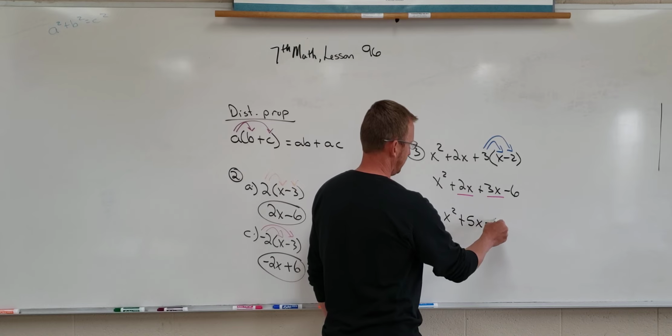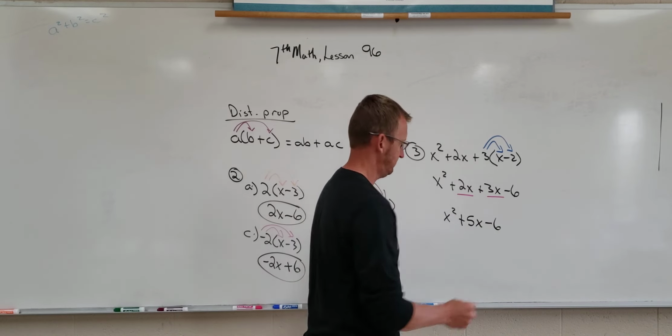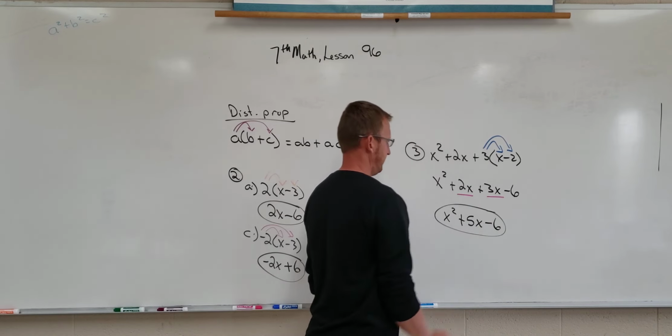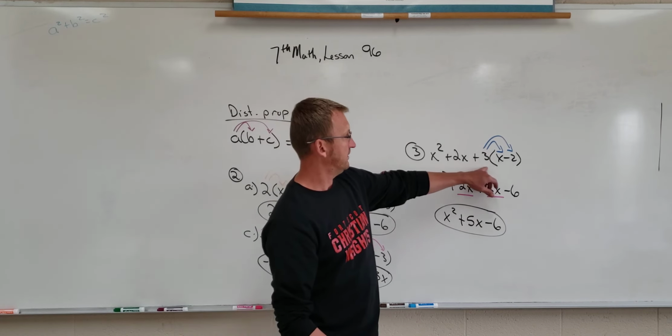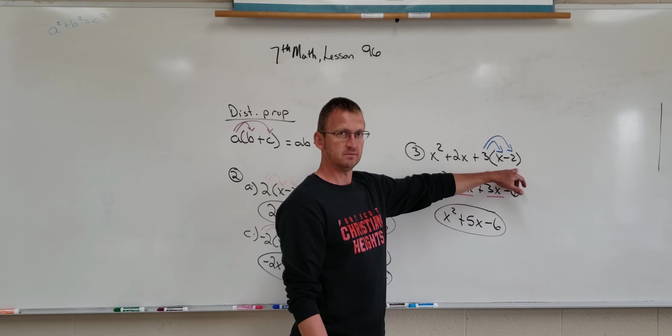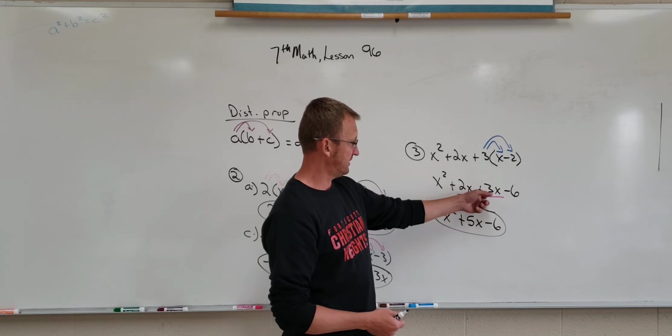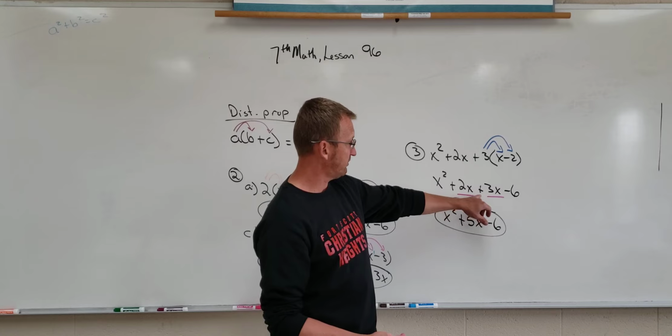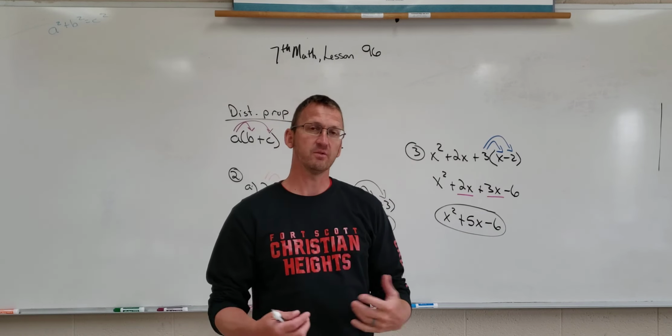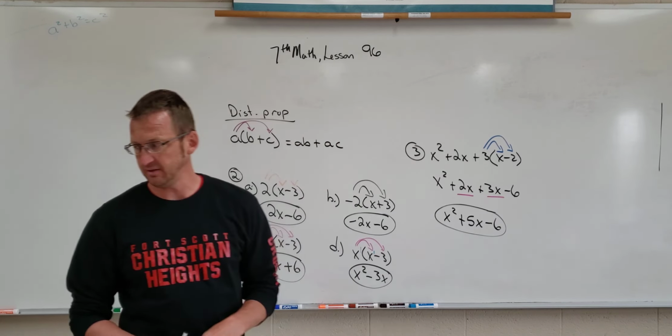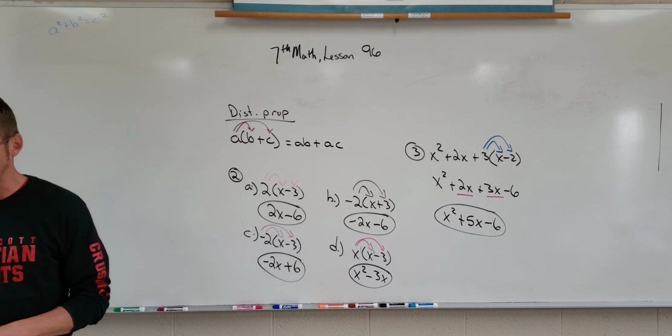And then minus 6. And that is your final answer. So to simplify, you're going to do the distributive property, and then add your like terms. There is an addition, so we do add. If there was a subtraction there, we would have subtracted. So please pay close attention to that.